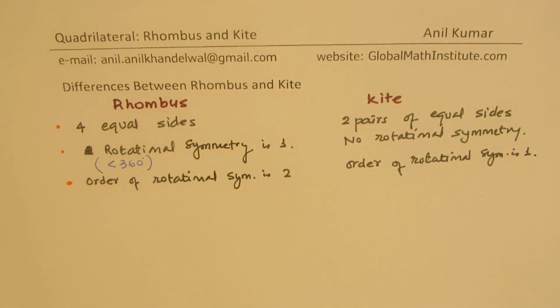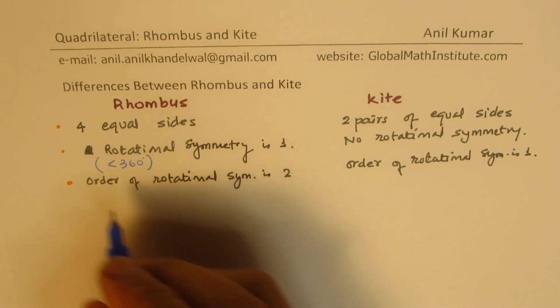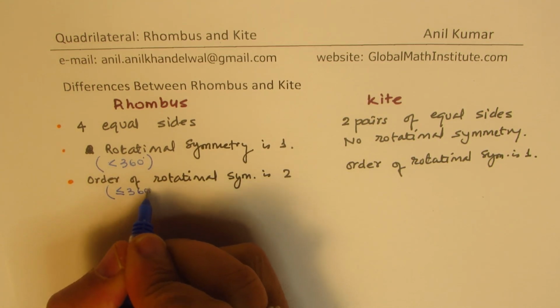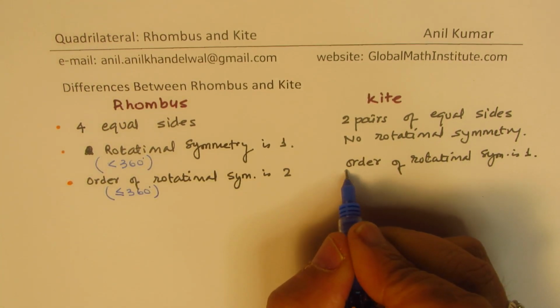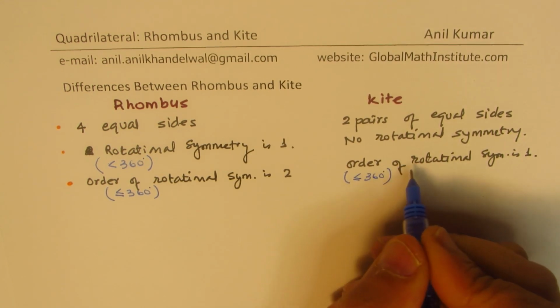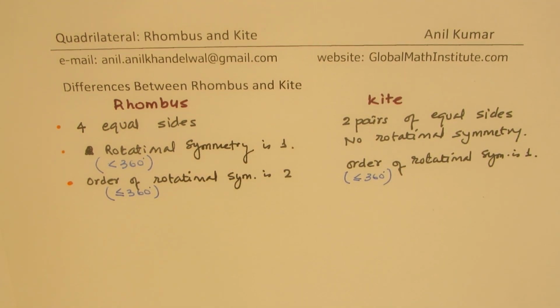When we say order, we are rotating one full circle, so greater than or equal to 360 degrees. After 360 degrees, every figure will match, correct? So that is how it is.